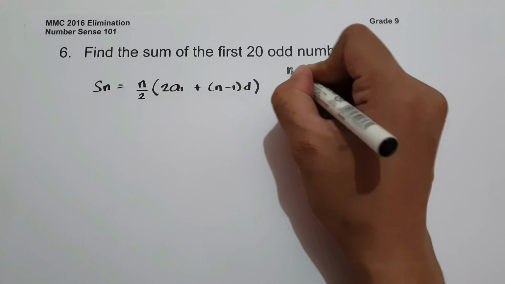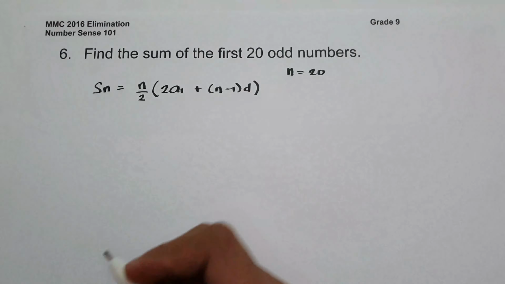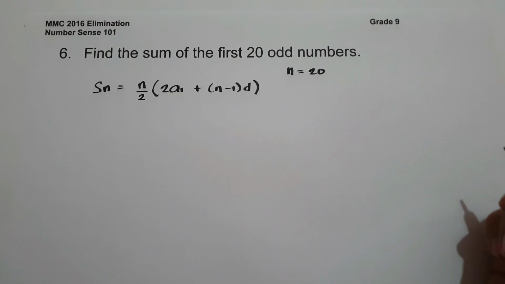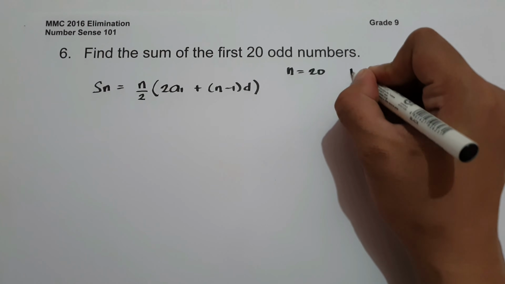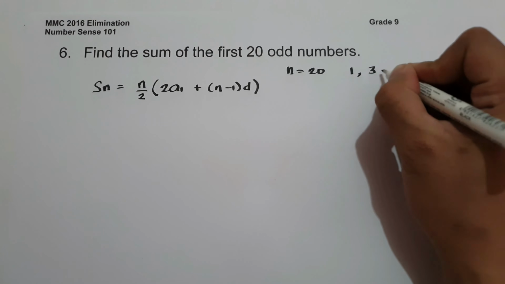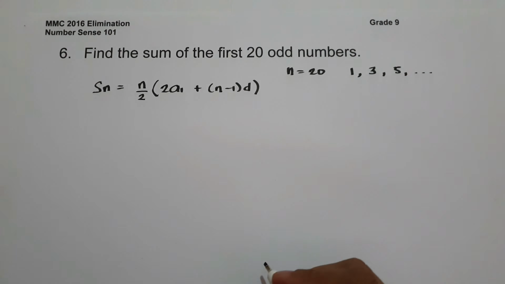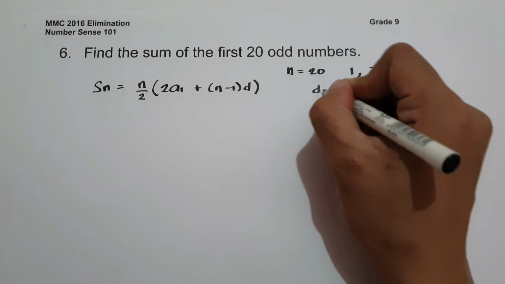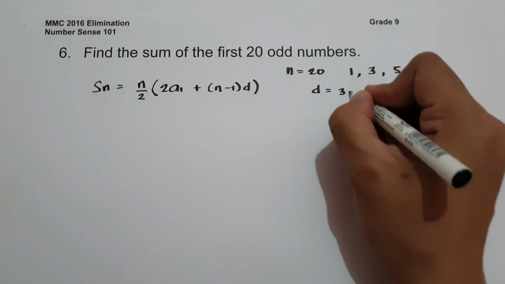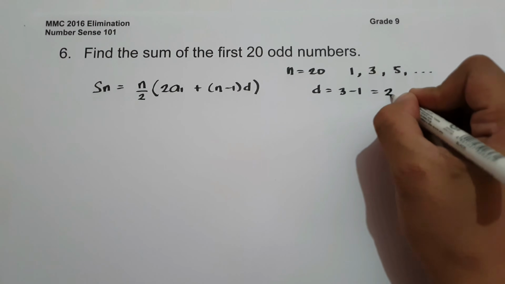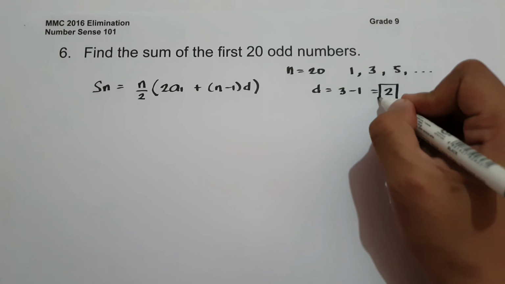The value of n is 20. And what is the first term? The first term is 1, the second term is 3, the third term is 5, and so on and so forth. To find the common difference, simply subtract 3 minus 1, which gives us 2. And this will be our common difference.